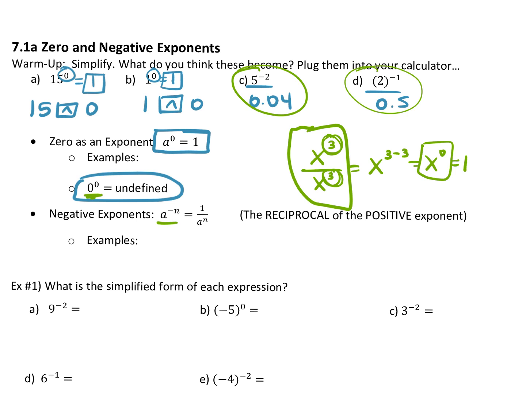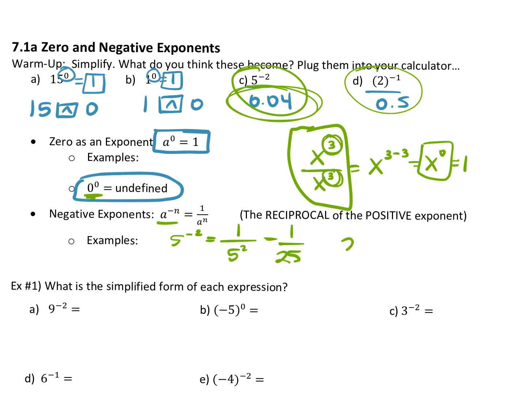So 5 to the negative 2nd power, like we did up top, is the same as 1 over 5 to the positive 2nd power. What's 5 squared? 25. So this is 1 over 25. That's what this number is, 0.04. If you plug into your calculator 1 divided by 25, it's 0.04.